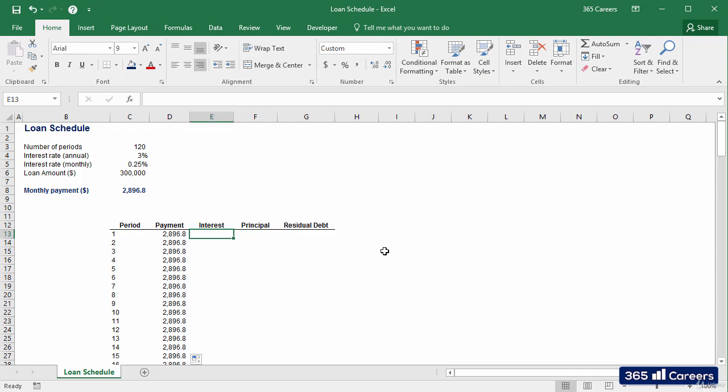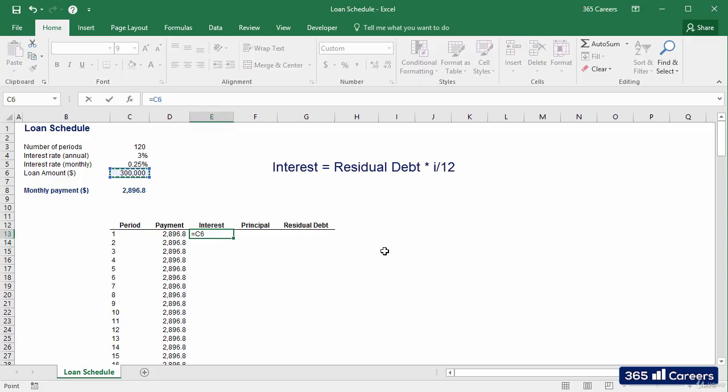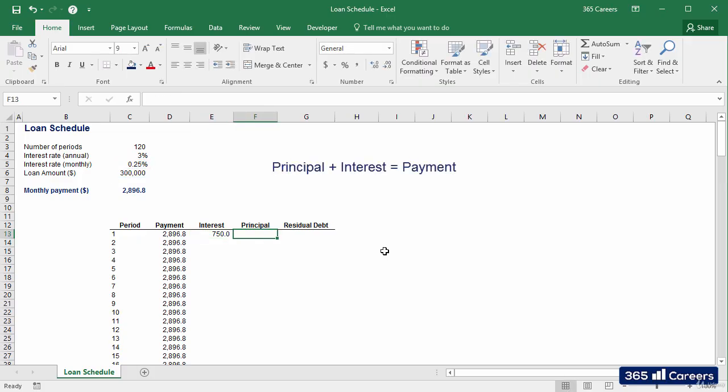In the first period, the amount of interest that will be accrued is based on the whole debt that is drawn, and given that no payments have been made, we have $300,000 times the interest rate, which equals $750. The difference between the payment and the amount of interest payments is the amount of principal that is repaid.